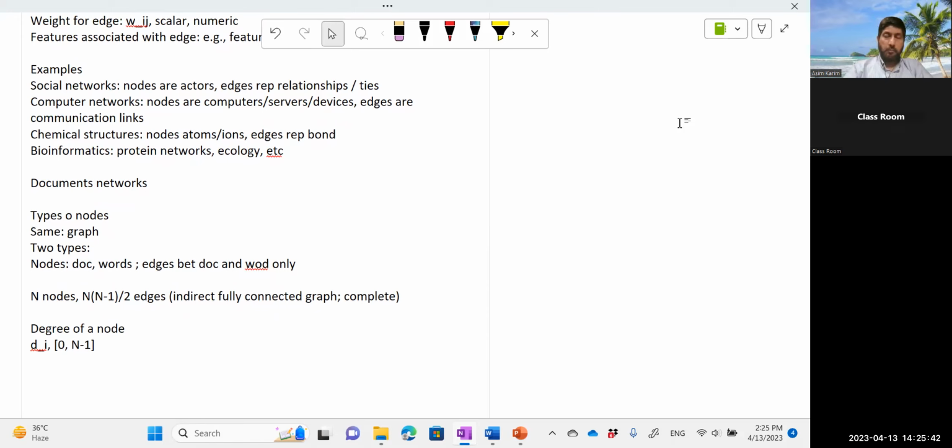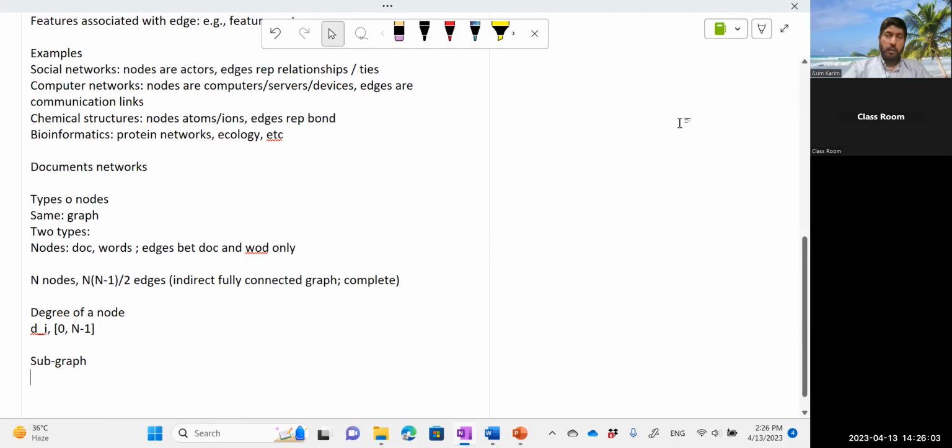Some other concepts: any portion of a graph is called a subgraph. This subgraph would contain a portion of the graph with its nodes and its corresponding edges. A subgraph that is fully connected is called a clique.